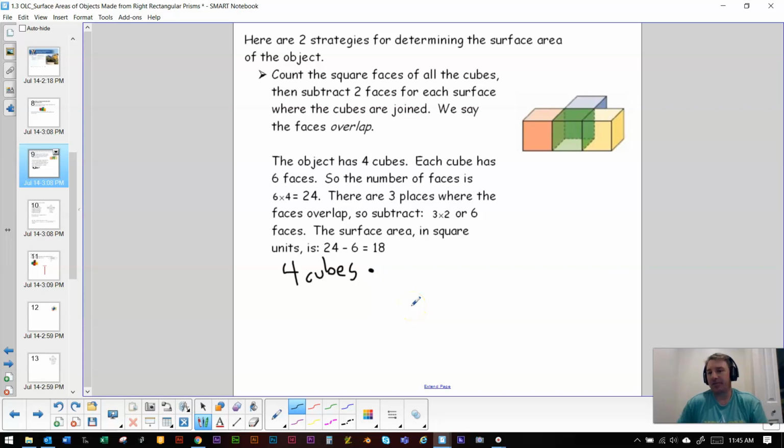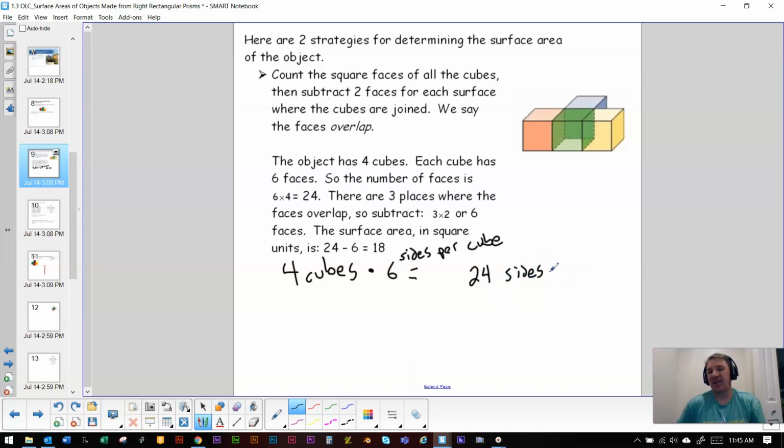Well, just think of a cube as a die. There's 1, 2, 3, 4, 5, 6 numbers, so 6 sides on every die. So if there was no interlocking or overlapping at all, we would have 4 cubes times 6 sides per cube, which would give us a total of 24 sides.